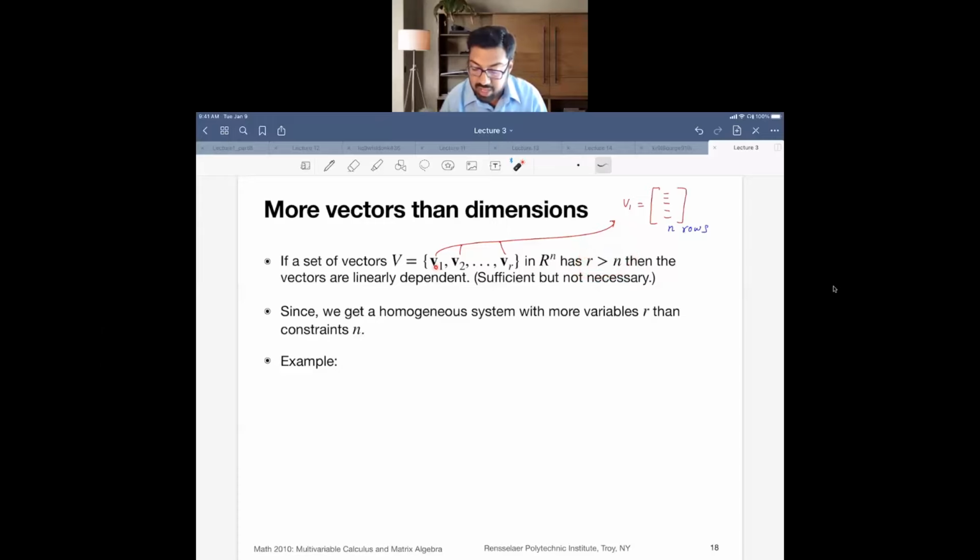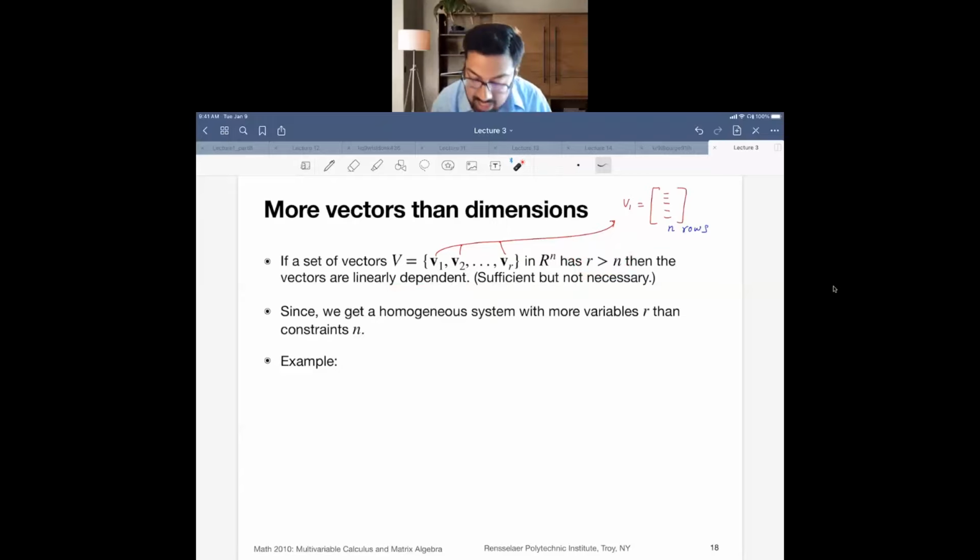So the number of vectors we have is more than n, and if r is strictly greater than n, then we can say that we have a linearly dependent set of vectors. Now this particular statement doesn't go backwards. We cannot say that if we have a linearly dependent set of vectors, then r is greater than n. We have clearly seen some examples earlier where that was not true.